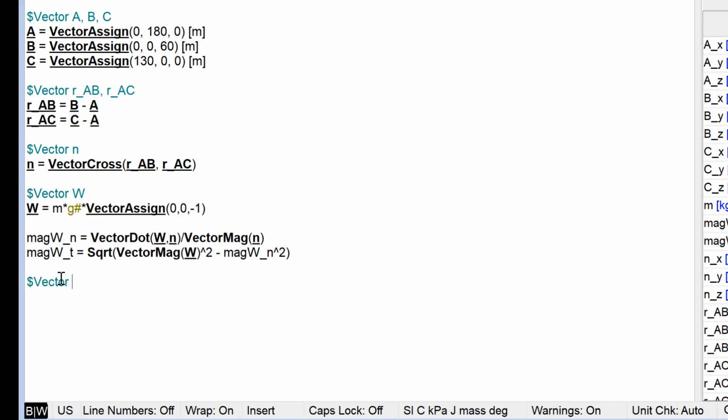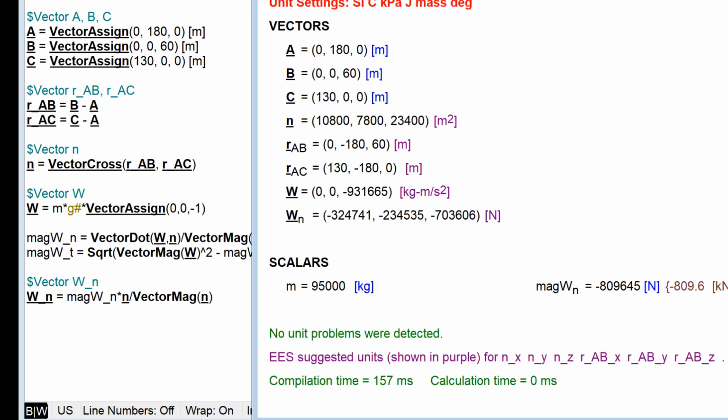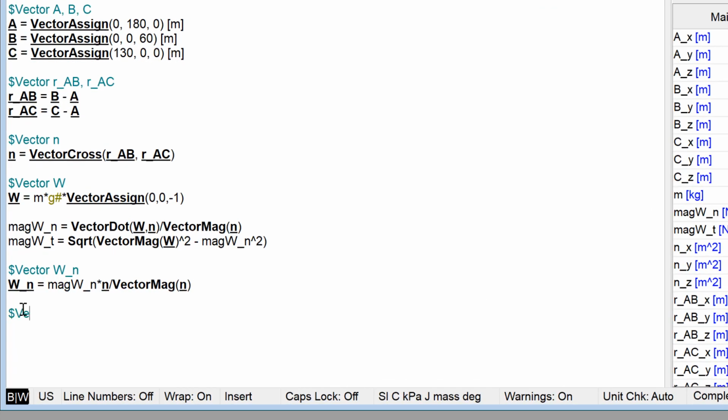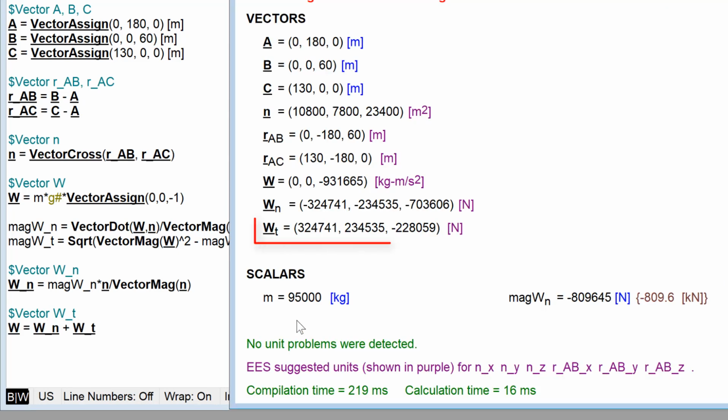So that's what I did right here, and that gives me this vector right here. And again, if I could plot it, I would be able to visualize it a little bit better. And then this vector equation, W equals Wn plus Wt, defines Wt, right? Because we're using EES, we don't have to explicitly solve for it. It'll solve for Wt here, and it gives me that equation right there. So that is part B.